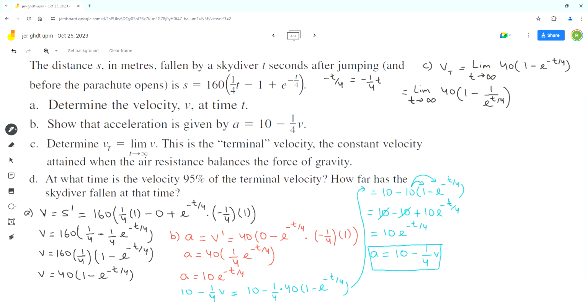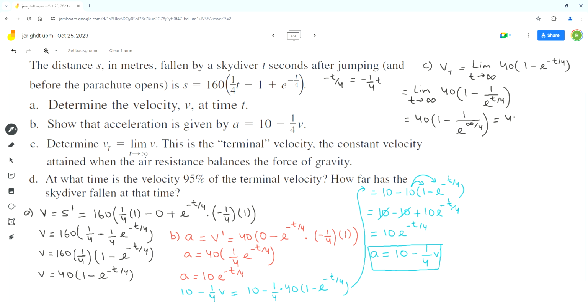Now we can apply the limit. So we get 40, and then 1 minus 1 over e to the power infinity over 4, because we have to sub in t as infinity. Now e to the power infinity over 4 will be infinity, because infinity over 4 is infinity, and e to the power infinity is infinity, and we know that 1 over infinity is equal to 0.